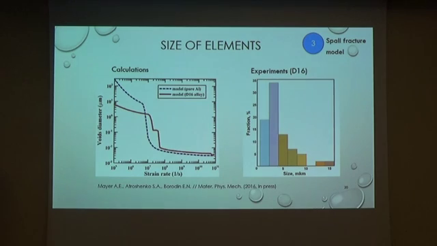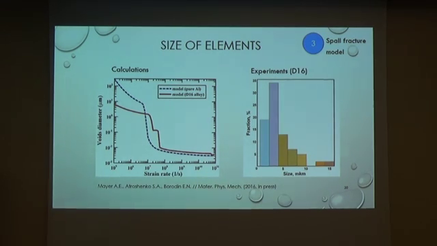And then it's, I think, the main slide of the presentation. It's a calculation result of the void diameter at which they coalesce with each other as a function of strain rate. And this is our experimental distribution of the fraction of pores with different sizes, which we take from our microstructural investigation.